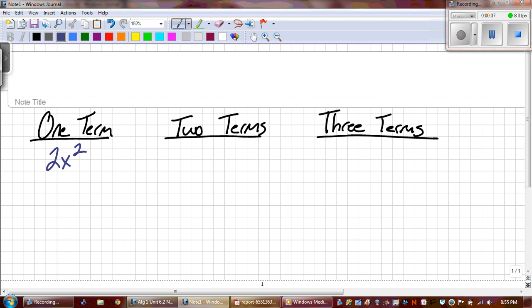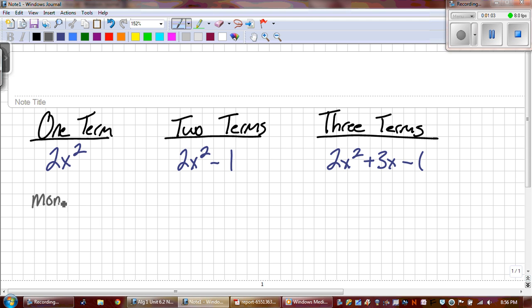That's just an example. Two terms could look like that. And if we have three terms, it could look like that. Now, each one of these has a different name for it, okay?